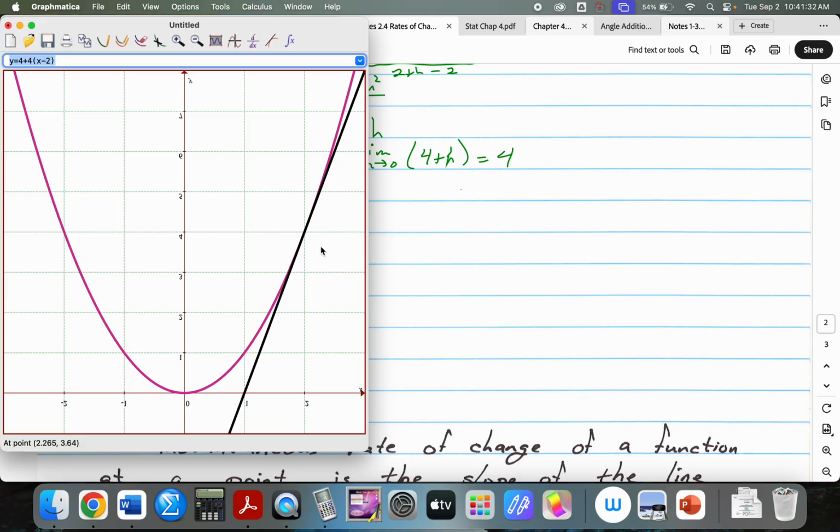So what we sometimes say is that this is the slope of the tangent, but sometimes we just say it's the slope of the curve, because they really are the same thing. If you were to just keep zooming in on this point, real quickly you wouldn't be able to tell the curve from the line at all.